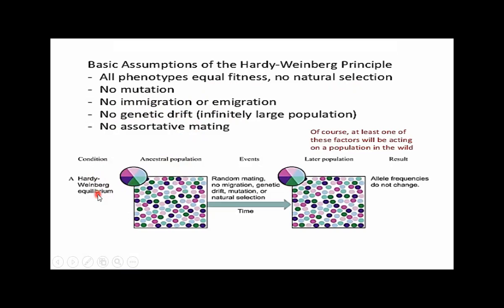This is the Hardy-Weinberg equilibrium, with random mating, no migration, genetic drift, mutation, or natural selection by the passage of time. In the later population, of course, the allelic frequencies do not change. Of course, at least one of these factors will be acting on a population in the wild. Otherwise, this doesn't happen normally.